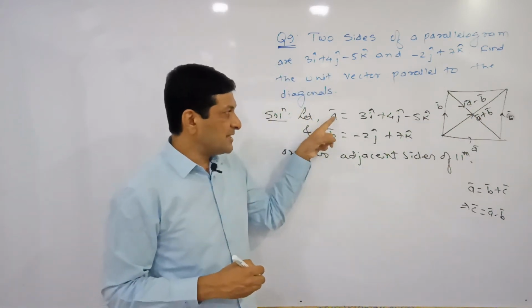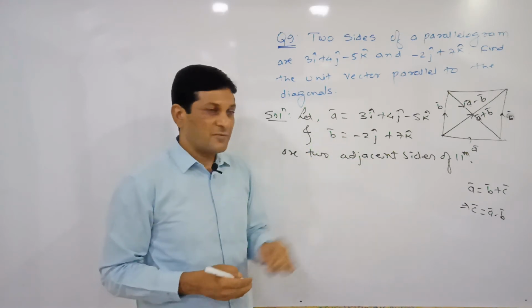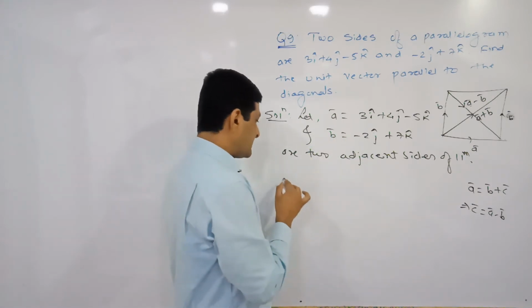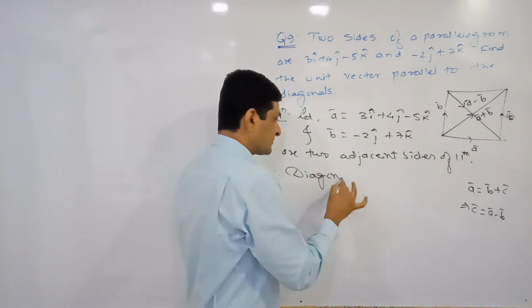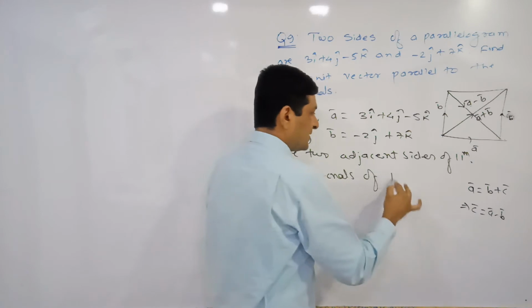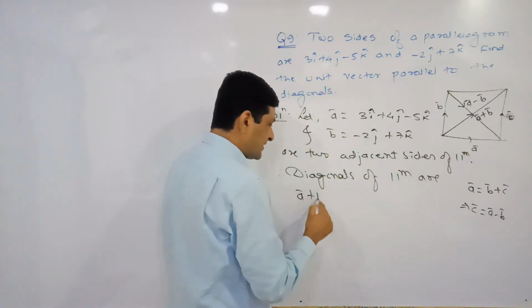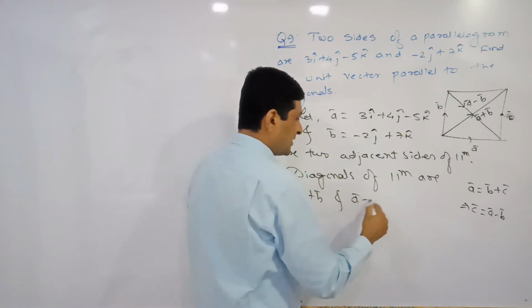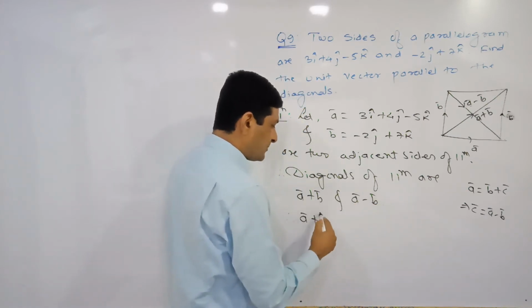So here we have written that A bar and B bar are adjacent sides of a parallelogram. Therefore the diagonals of the parallelogram are: the first diagonal is A bar plus B bar, and the second diagonal is A bar minus B bar. Let us find the value of A bar plus B bar.